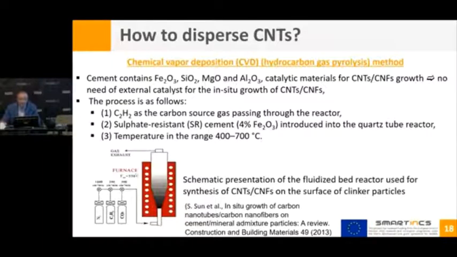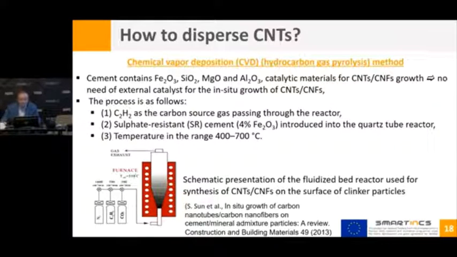And for example, one of the techniques that was used for growing these carbon nanotubes is chemical vapor deposition, or CVD. It is also known as hydrocarbon gas pyrolysis. So how does it work? Well, if you use the cement grains or the supplementary cementitious materials, what is important is that you have some phases, like for example iron oxide, which is able to catalyze the carbon nanotubes growth.